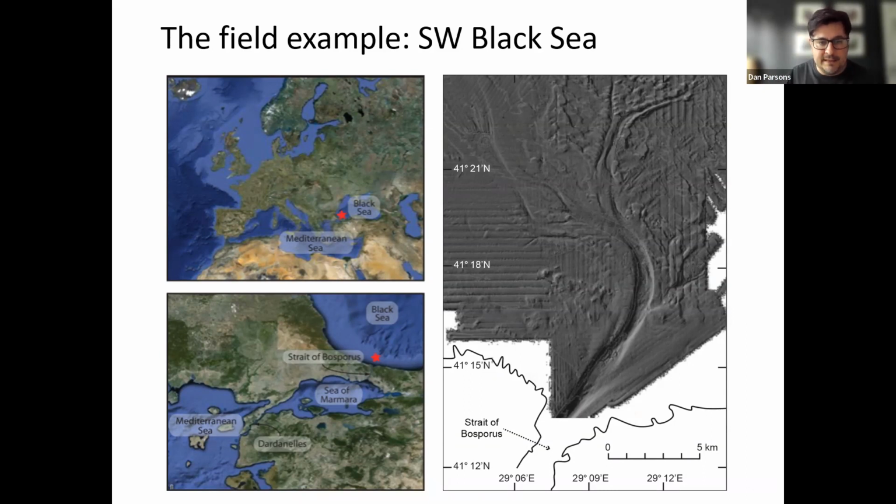And what that fluid has done is it comes out through the Straits of Bosphorus. I'll just use my cursor here, it carves this incredible channel system on the shelf, the southwest shelf of the Black Sea.